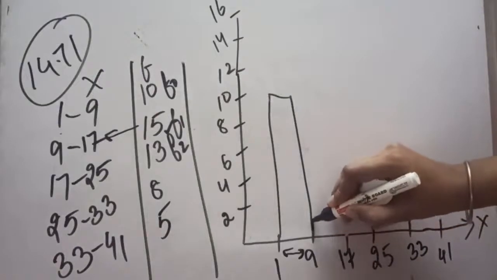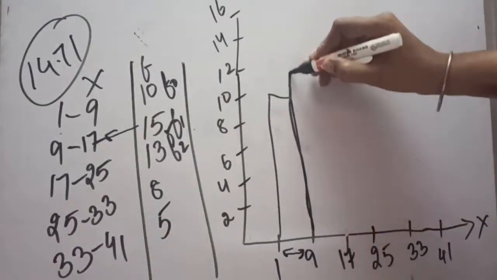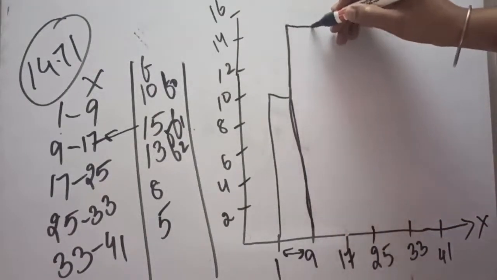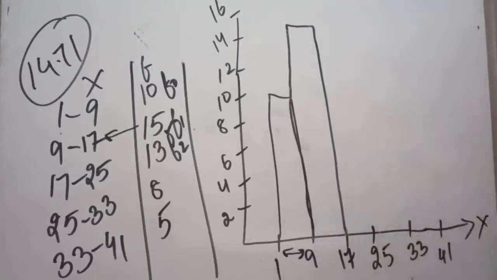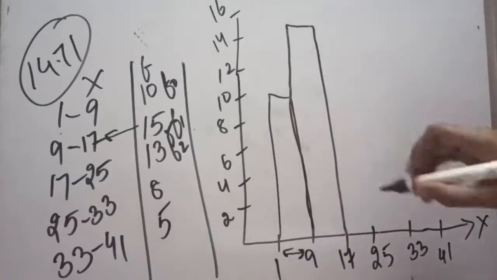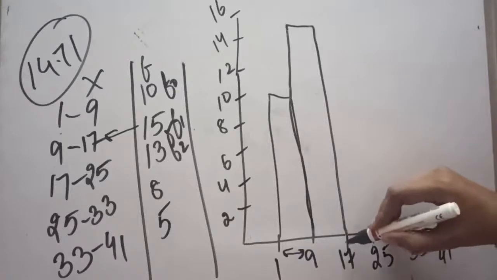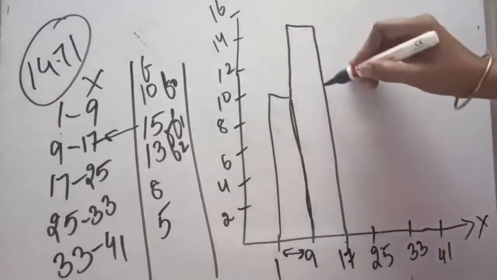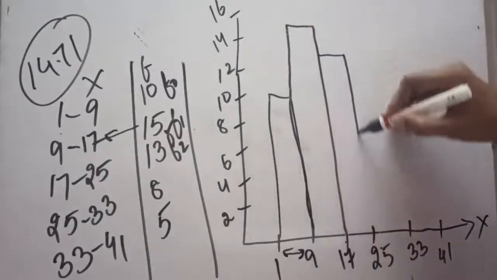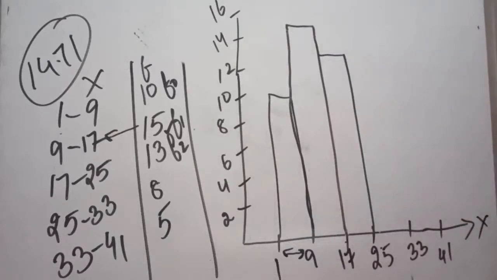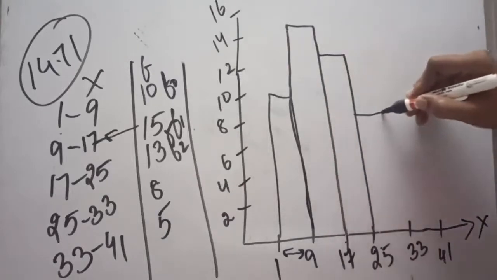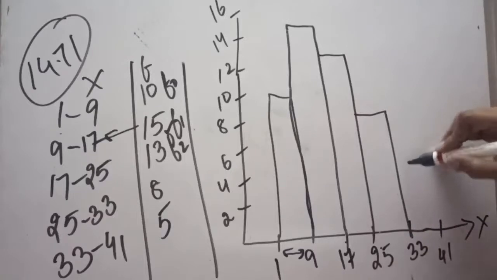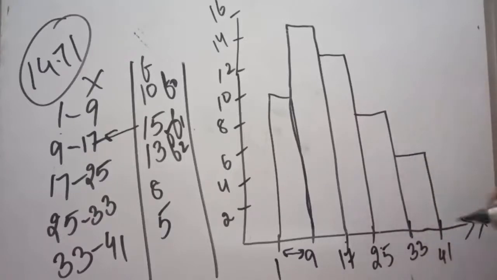It means we start from 9 and go up to 15, and joining it like this the box will be prepared. Next is 13, between 17 and 25. So 13 will be here, and we draw another box. Then 8 is here. So like this we will complete our histogram.